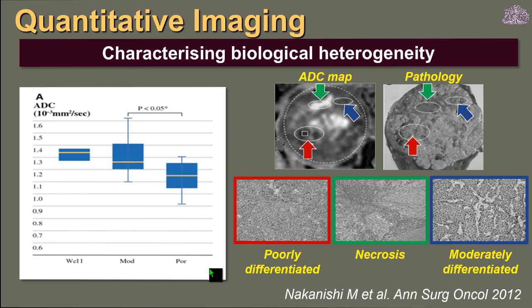Well, we go back to diffusion-weighted imaging, and by measuring the apparent diffusion coefficient, we can sometimes get a handle on the underlying biological aggressiveness. So here we have an HCC with different subregions shown using the red arrow, the green arrow, and the blue arrow. The area that is poorly differentiated shows the lowest ADC value.